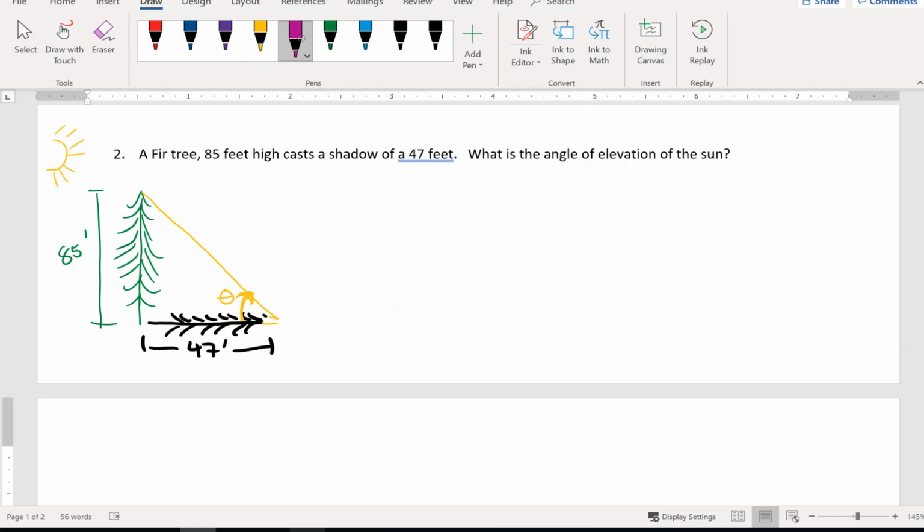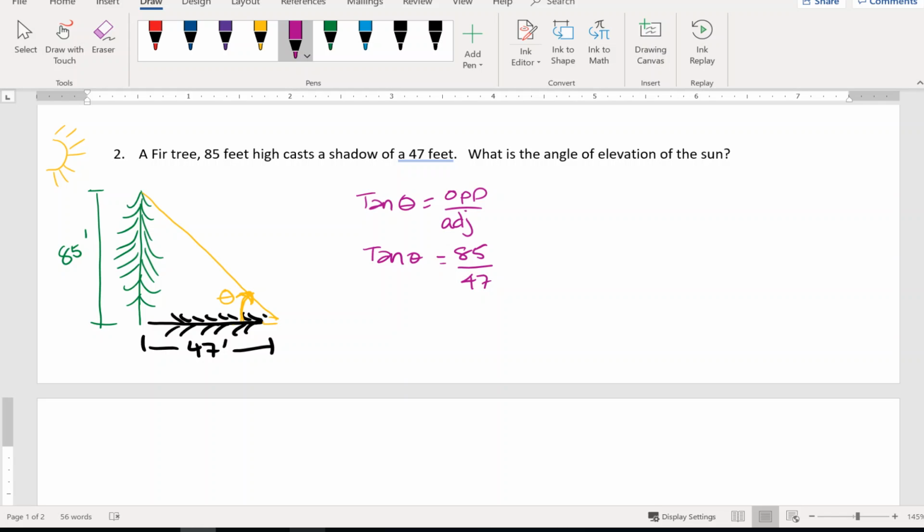Now, first of all, we need to know what information we have. Well, in accordance with this angle, we have the opposite side and we have the adjacent side. So again, that leaves us to use our tan function, our tan ratio. So here we would have tan theta is equal to opposite over adjacent, and let's fill in what we know. So tan theta is equal to 85 over 47.